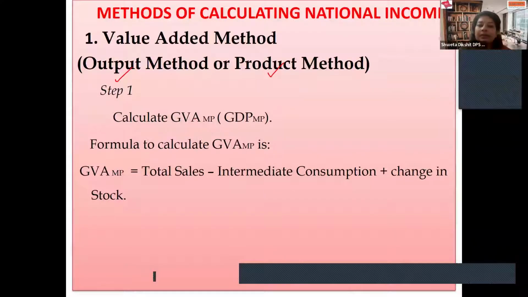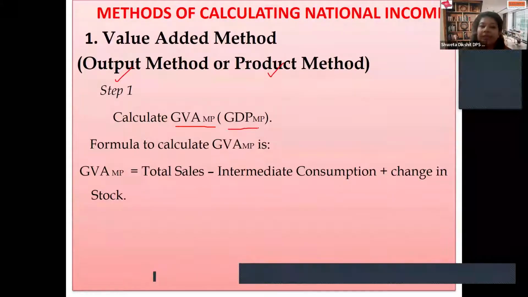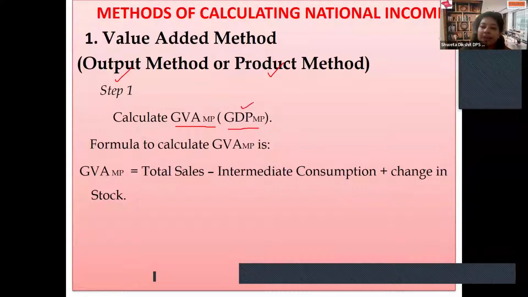So the first step in this is, always remember, to find the value of GVA at MP. As per the formula, we find the value of GVA at MP, which is nothing but GDP at MP. That means GVA at MP is equal to GDP at MP. So the first step will take you to the value of GDP at MP.